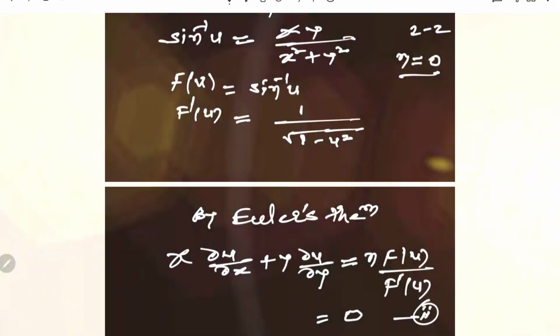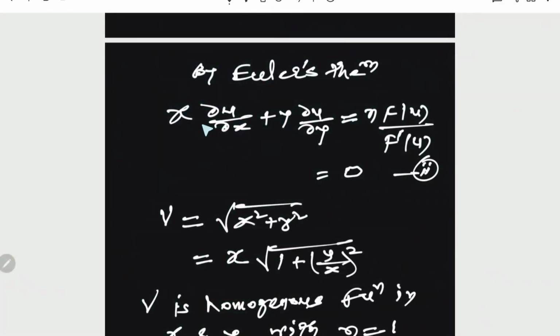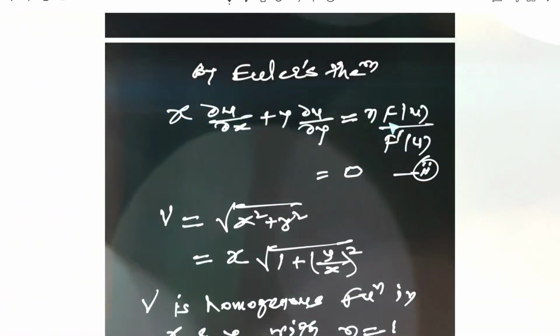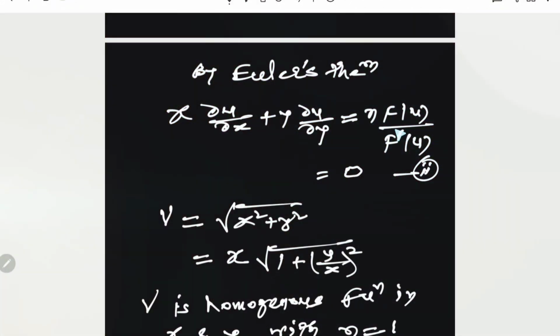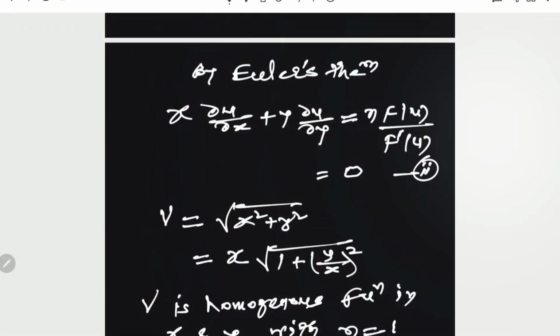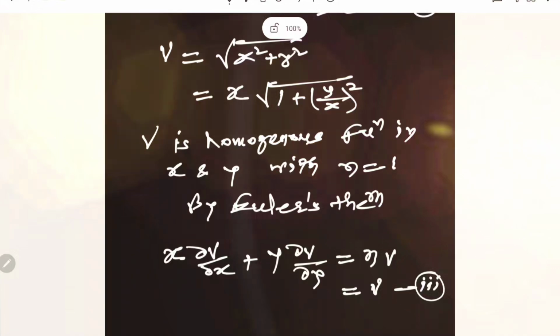And then applying Euler's theorem, for u we get x dou u by dou x plus y dou u by dou y is equal to n f of u by f dash of u. Value of n is 0, and therefore this term becomes 0, and we call this equation 2. Similarly, we perform for v also.